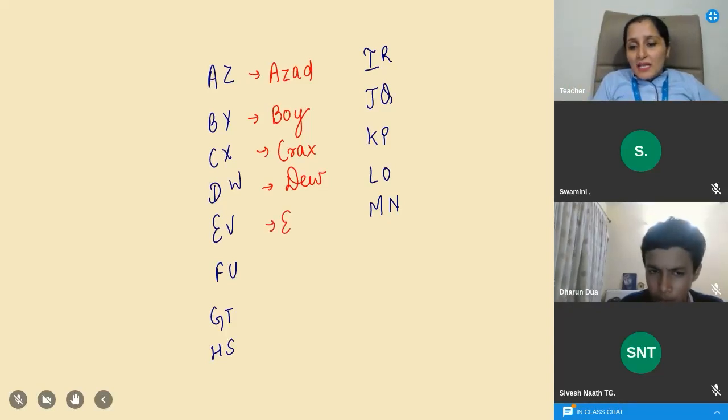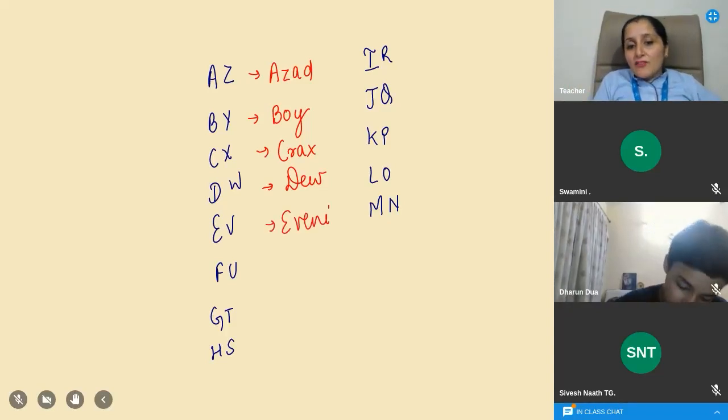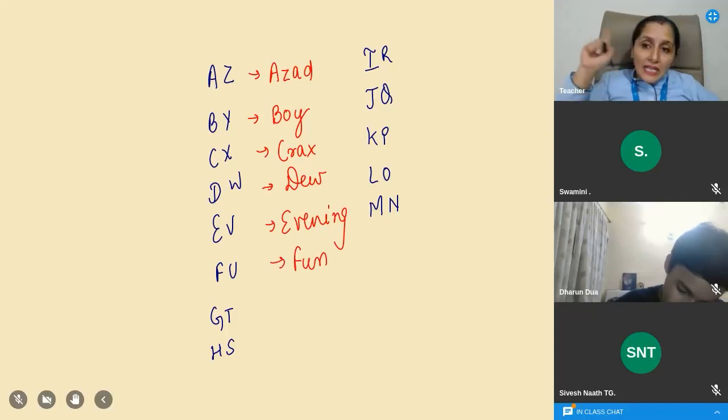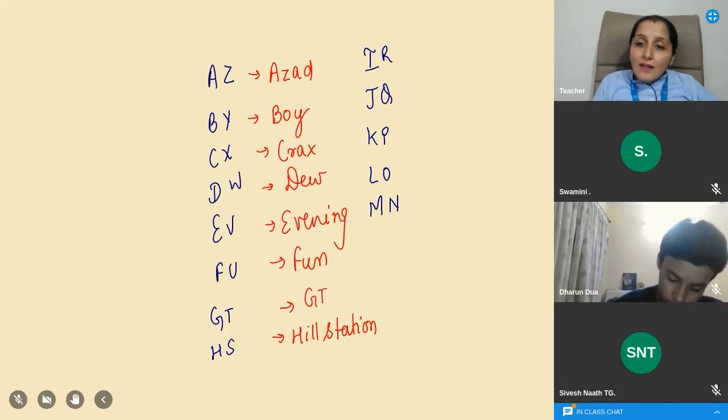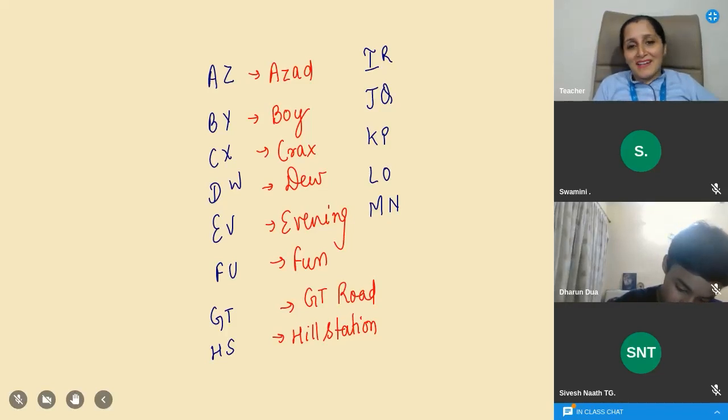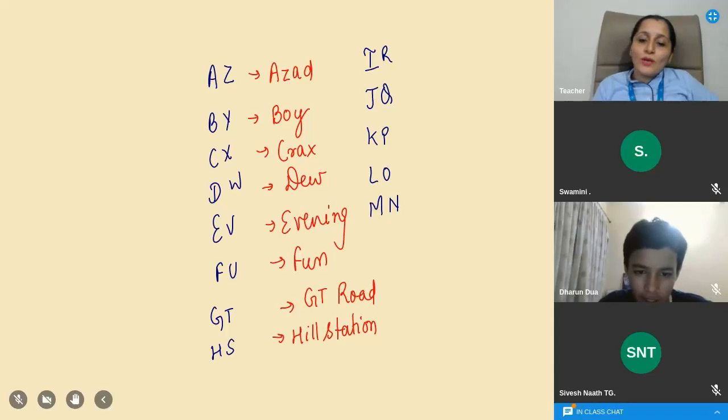In the evening, for fun, he went to a hill station by GT Road. Grand Trunk Road, GT Road. So Azad is a boy after eating cracks and drinking dew in the evening for fun by GT Road.